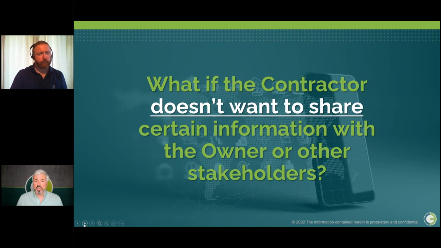Ultimately, the contractor has to live up to the requirements of the contract, so they have to share the information that the owner or EPC requires in the contract itself. But for other data, the software can be set up in such a way to provide different levels of access for different user groups and stakeholders. So confidential information can be retained by its authors. So the contractor can set it up so that the owner has certain access but can't see certain things. And it also works the other way around.